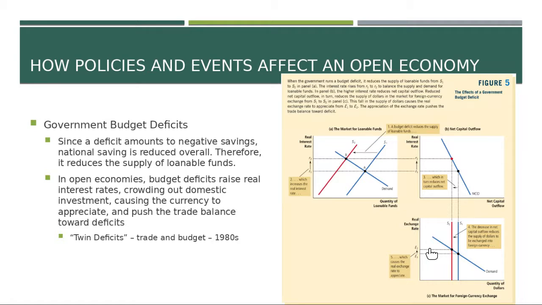So this sequence of graphing basically informs us that with an increase in government spending, there's a reduction in the market for loanable funds, which drives up higher interest rates, which leads to reduced net capital outflow, which decreases the supply of dollars in the FX market, which leads to a higher real exchange rate, causing a currency to appreciate and ultimately leading to a reduction in exports.